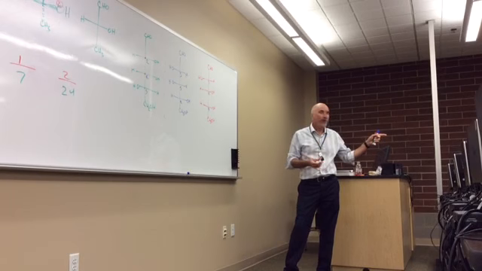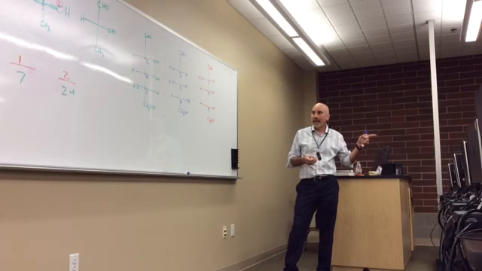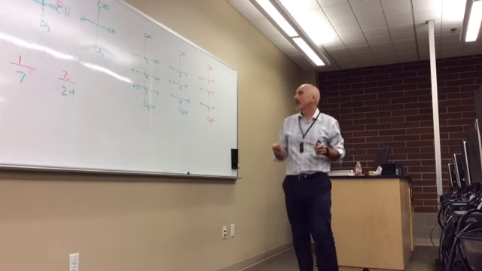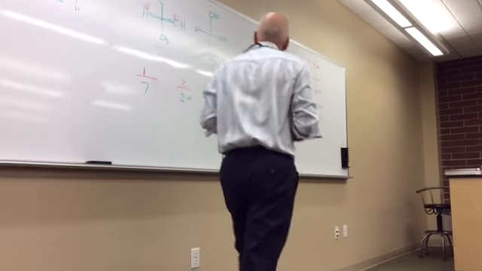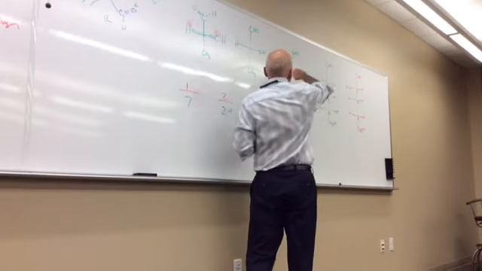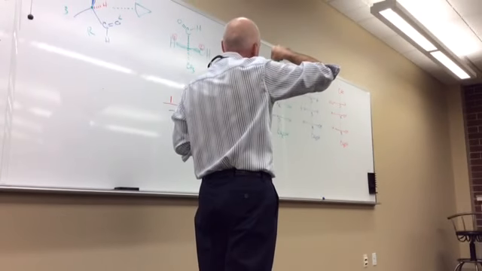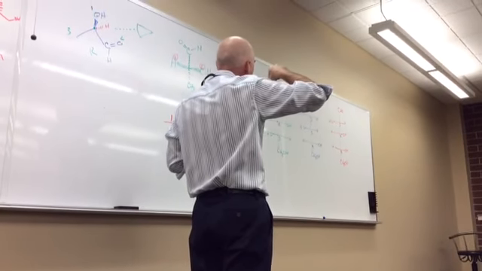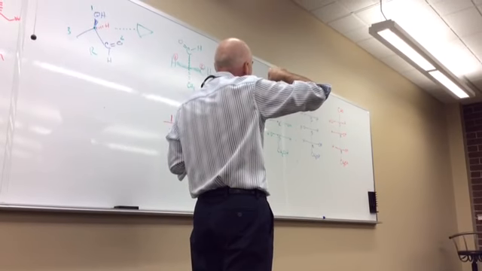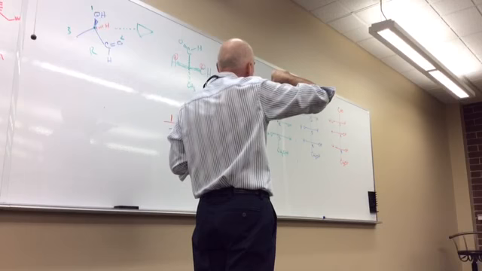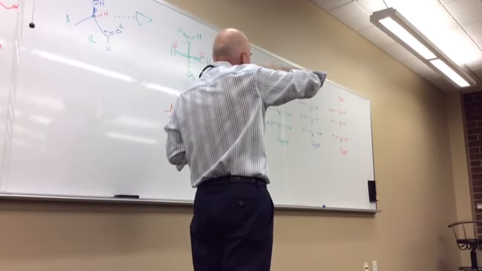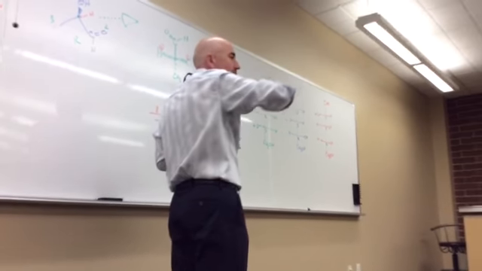Yes? Can you tell if it's R or S just from the Fischer projection, or do you have to actually draw it out? I can. I put my head right over here because I know this is coming forward, so I get my head situated here. The OH is going to be 1. The CHO is going to be number 2. So, unfortunately, I guessed wrong.